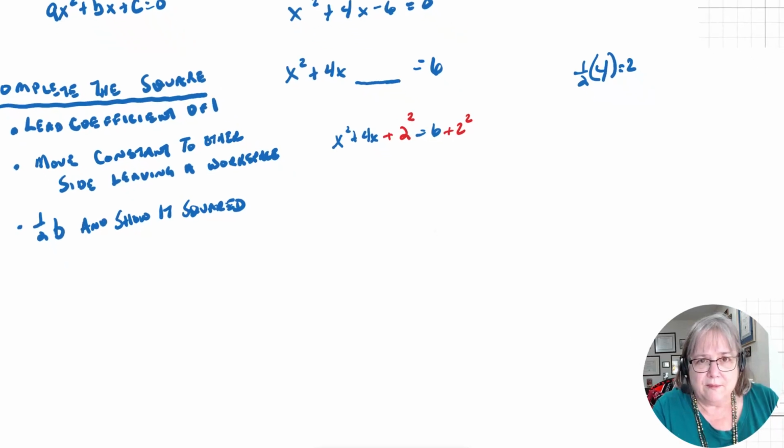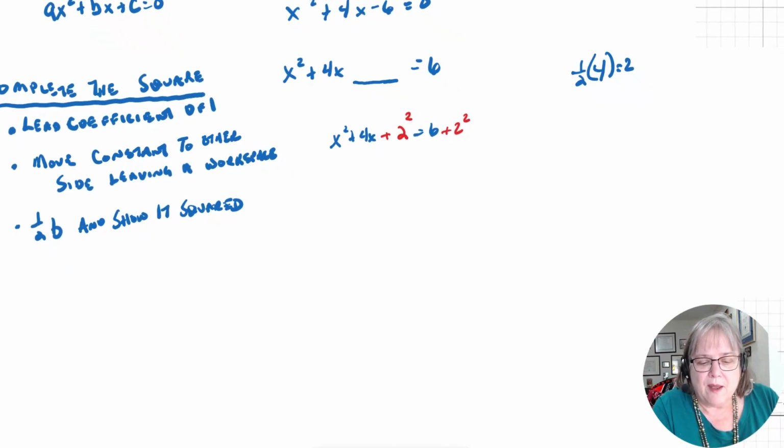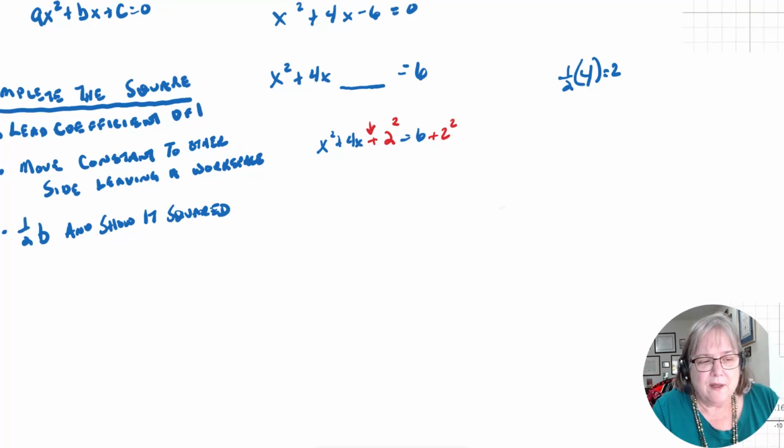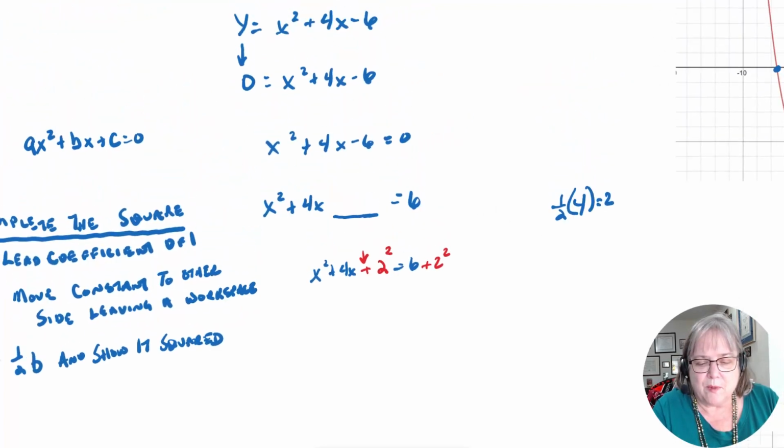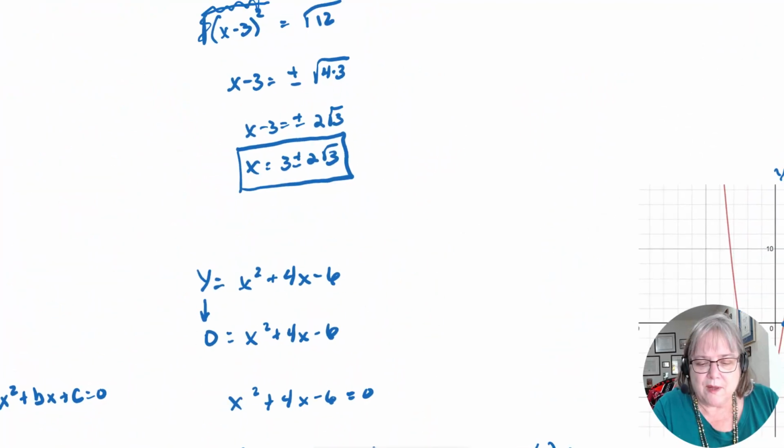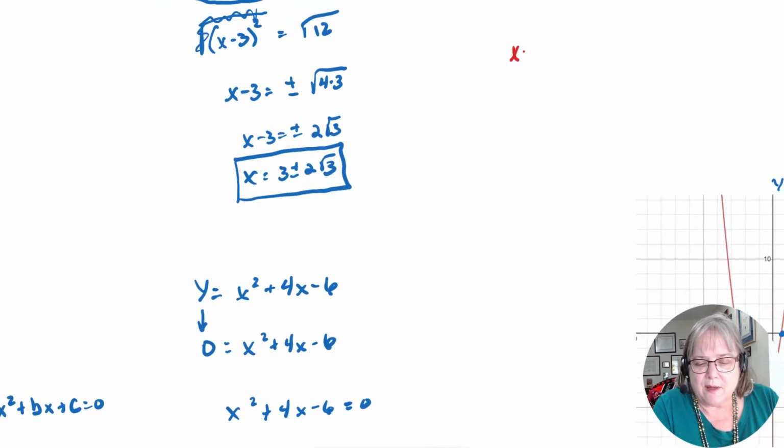You doing okay? All right, now this right here is always a plus. Because if you remember from binomial squares, when you multiply them out, if you have x minus 3 times x minus 3, it's x squared minus 6x plus 9.